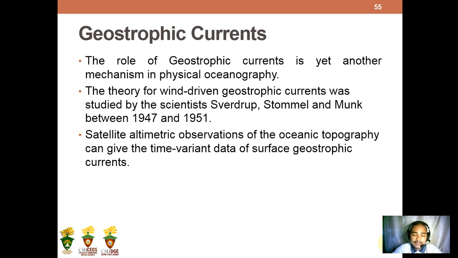Satellite altimetric observation of the oceanic topography can give time-variant data of surface geostrophic currents. Satellite altimetry can produce topography or elevation under the sea or the oceans. It can be studied through satellite altimetry.